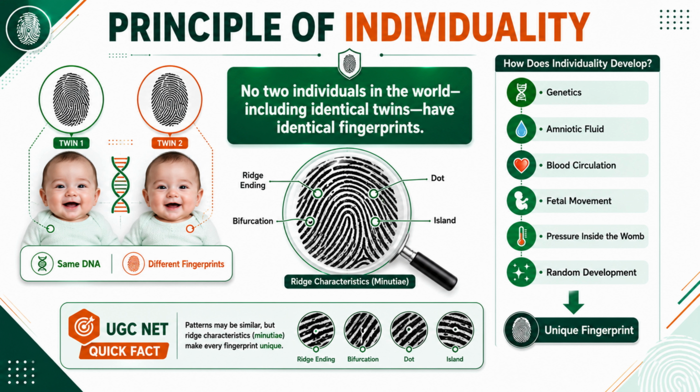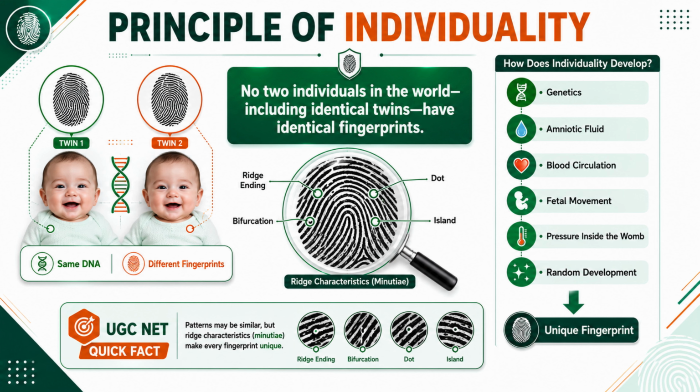Let me explain this further. Just think that 100 students are asked to draw a tree. They all receive the same paper, the same pencil, and the same instruction. Even then, every drawing will be slightly different. One student may draw thicker branches, another may draw smaller leaves, while someone else may place the roots differently.